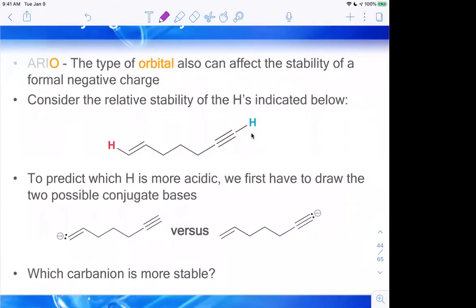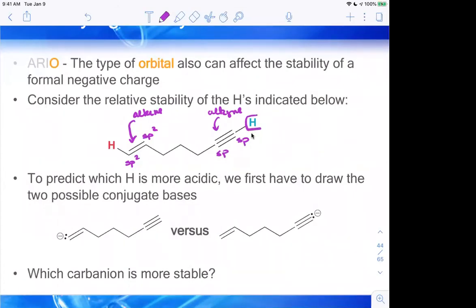I have got a long molecule. This is an alkene. So this is an sp2 hybridized carbon, and this is an sp2 hybridized carbon. This is an alkyne. So this is an sp hybridized carbon. This is an sp hybridized carbon.